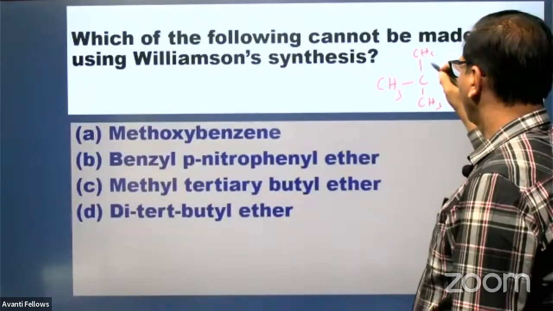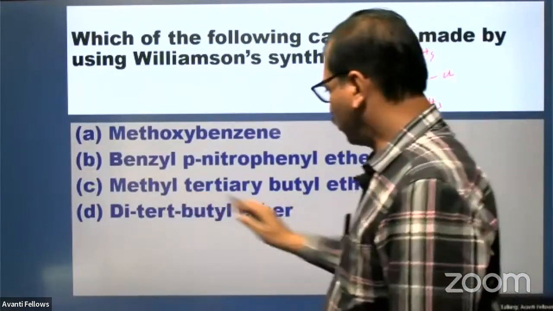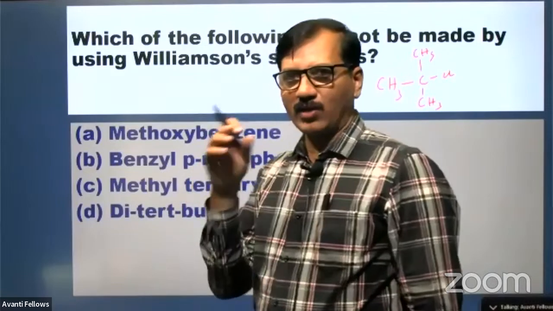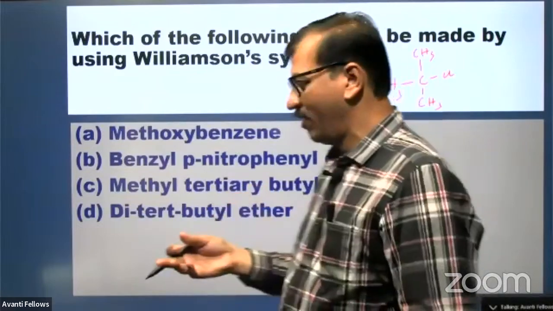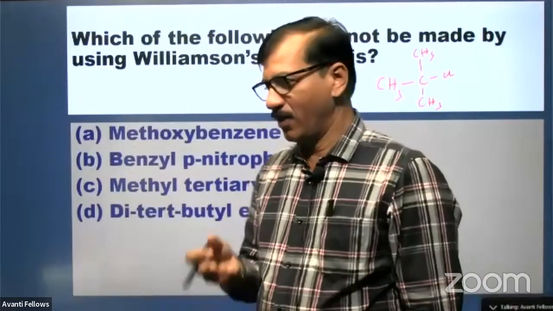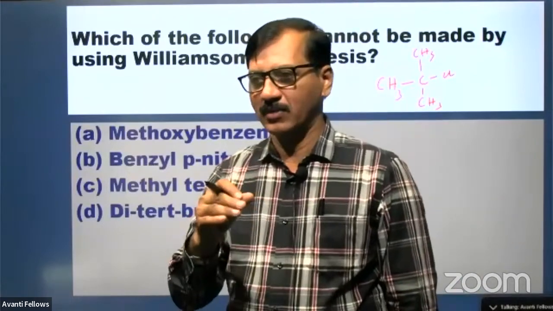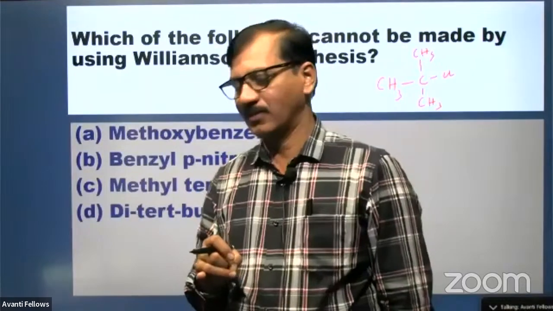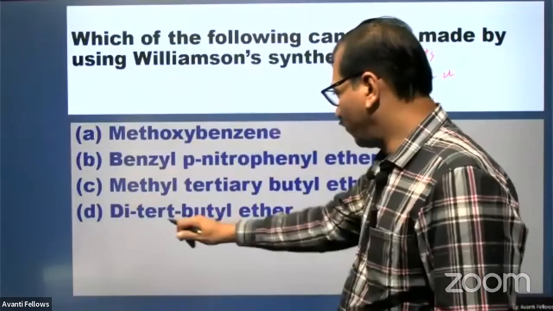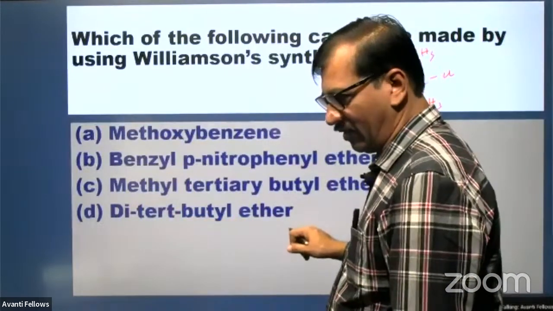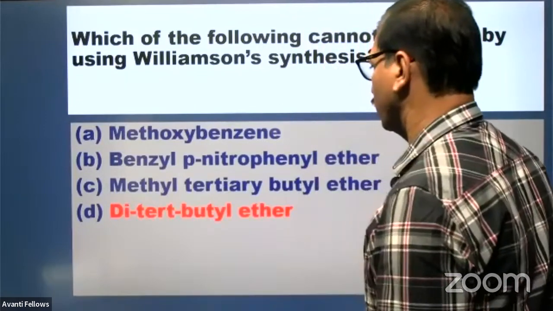But in ditertiary butyl ether, the halide to be taken should be tertiary only, because while preparing ether we need sodium alkoxide and alkyl halide. Both should be tertiary in the case of ditertiary butyl ether. Therefore, this is not a possibility, so this is the answer.